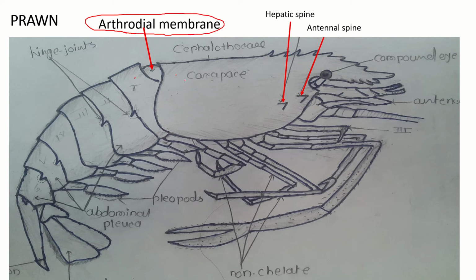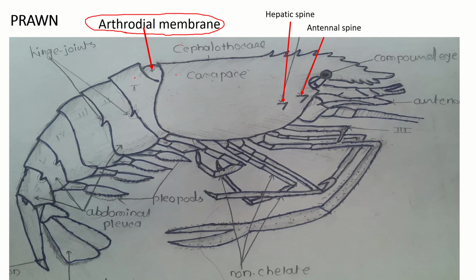Two adjacent plates are articulated by the arthrodial membrane. The exoskeleton is again divided into cephalothoracic sclerites and abdominal sclerites.